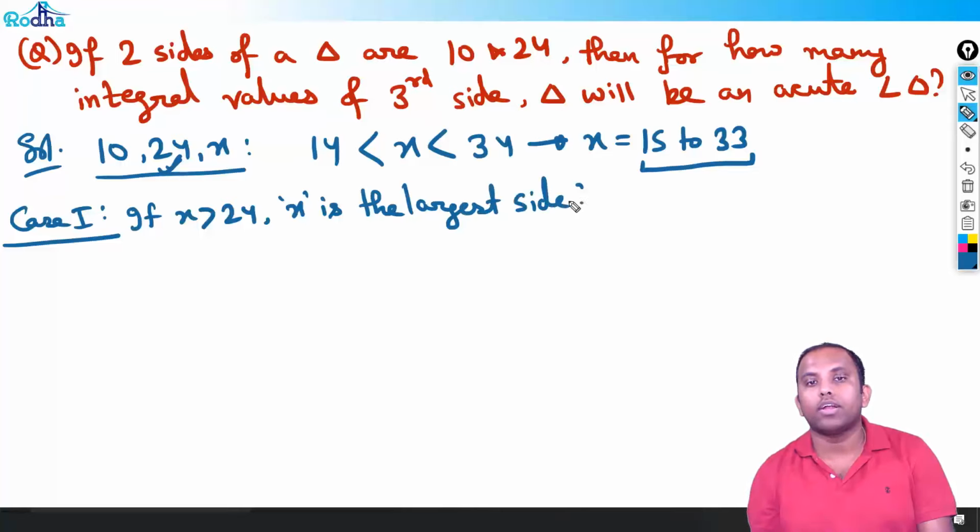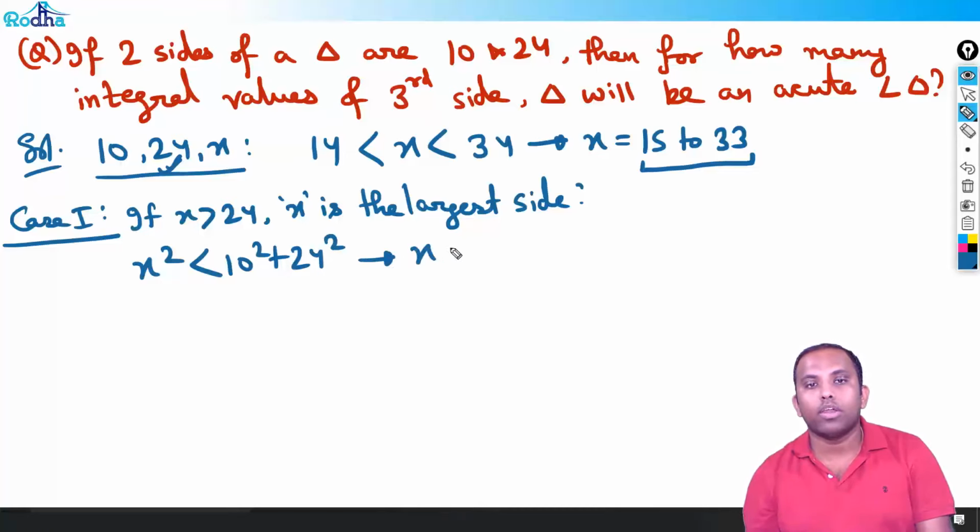I know that for an acute angle triangle, the square of the largest side, that is x square, should be less than the sum of squares of the other two sides, that is 10 square plus 24 square. Now 24 square is 576 and 10 square is 100, so the sum is 676.